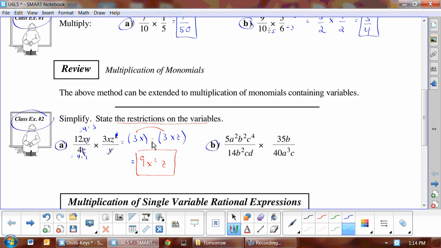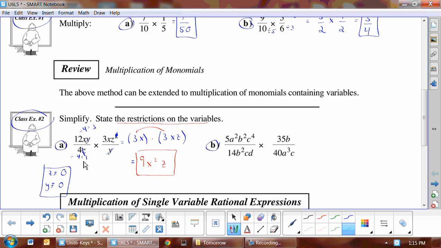So what do we have in our denominator? So we know for a non-permissible that 4z cannot equal what? 0, exactly. And then what's the other one? Y, yeah. So y cannot equal 0. And then we don't really need that 4 there. We just say z and y cannot equal 0.